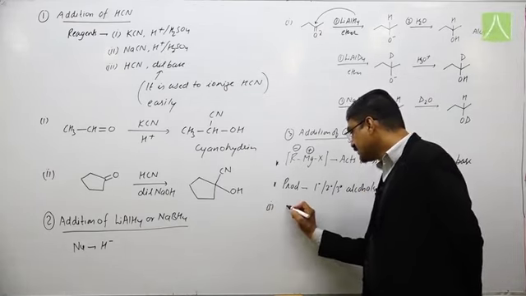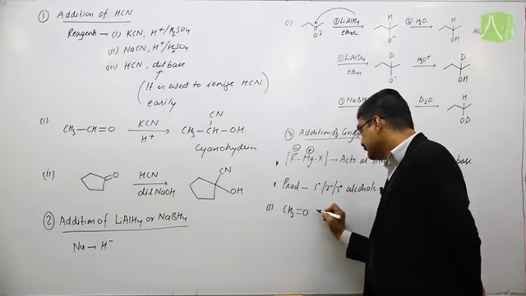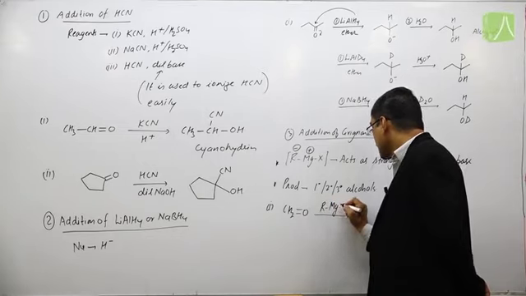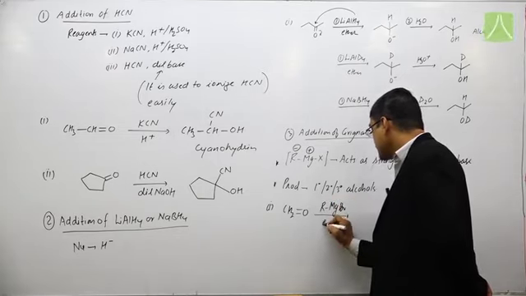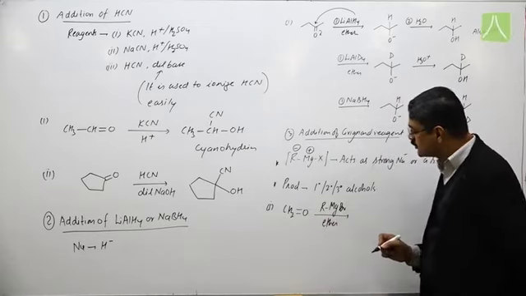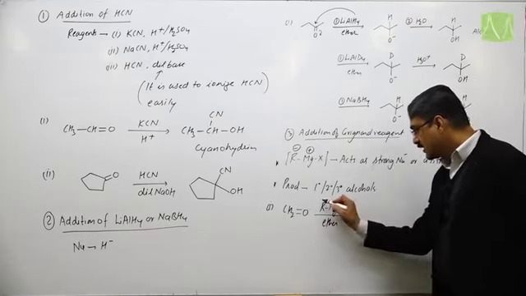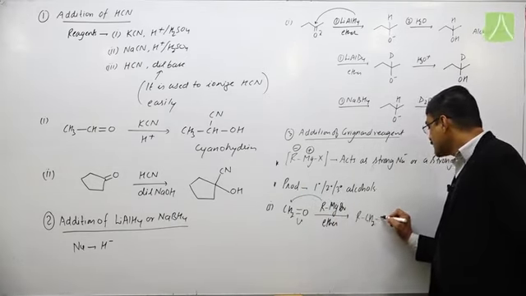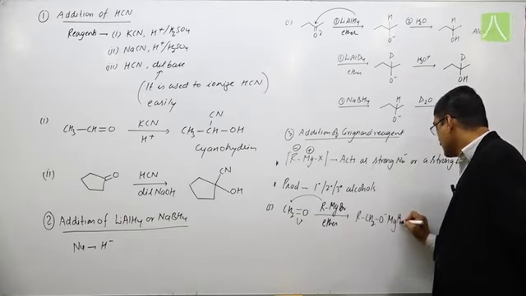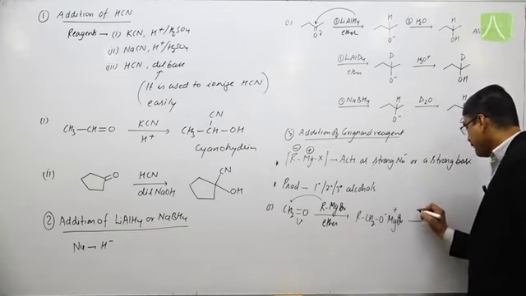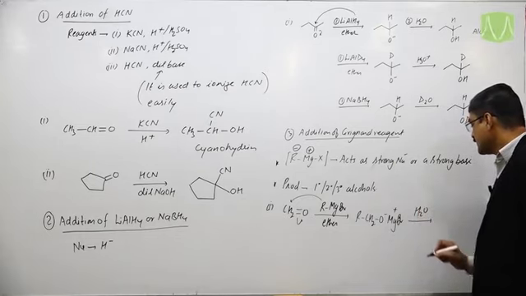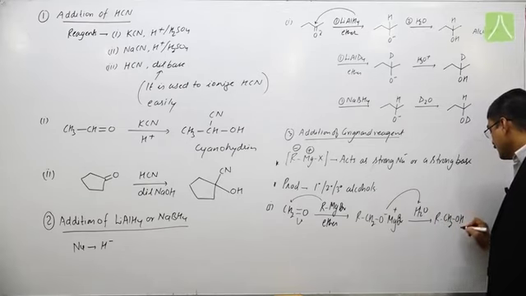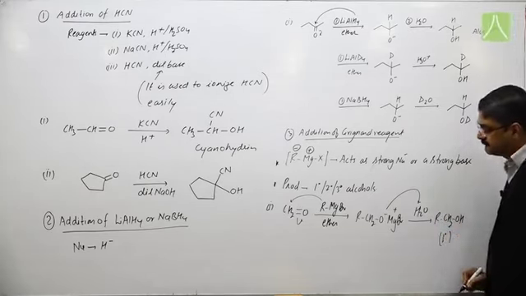So in the first example, suppose I take formaldehyde with RMgBr in presence of ether, because Grignard is always prepared in presence of ether. So R minus adds to the carbonyl. So RCH2O minus MgBr plus is the salt. After hydrolysis, in the second step, O minus takes the water molecule and 1 degree alcohol is obtained.